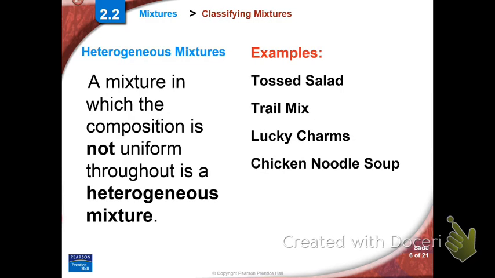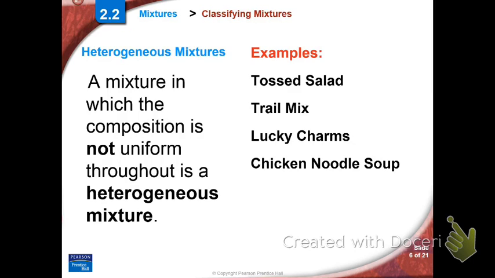So a mixture in which the composition is not uniform throughout is a heterogeneous mixture. It's different. It's got some differences in it. Our example of this is our tossed salad. We could still find the carrots and the cucumbers and the lettuce. Trail mix is another example. You can see you have peanuts and raisins and chocolate chips and candy in your trail mix.